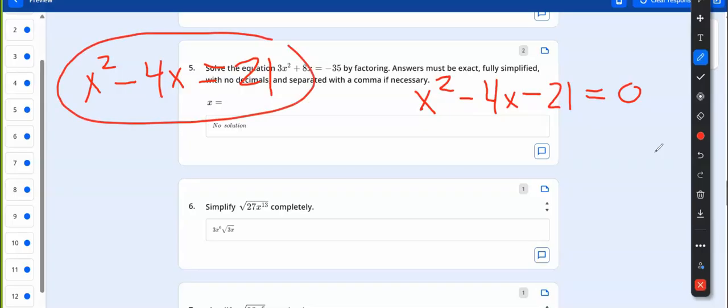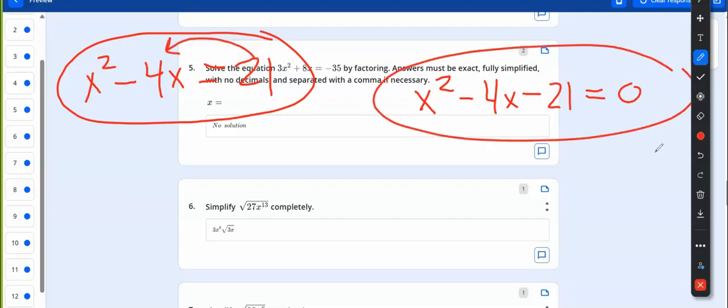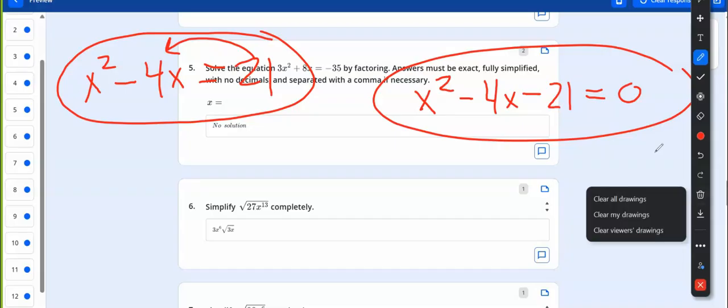Yep, so start with that. What's the very first step? Subtract 21. Yes. And if I do that, then I get this equation over here. So now I want you to factor it.